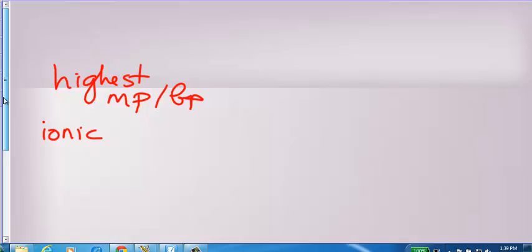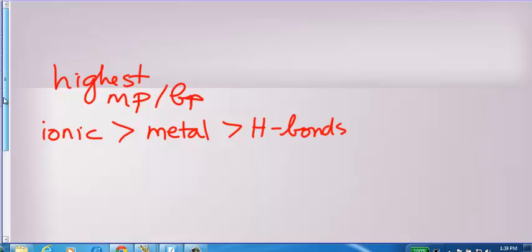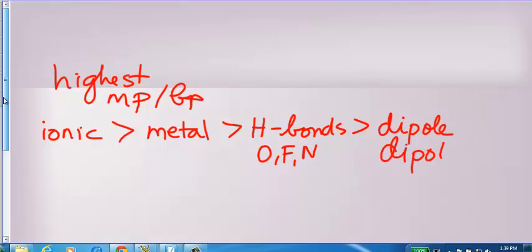Metal to nonmetal have much higher melting and boiling points than anybody else. After that, you would look for just a metal by itself, with metallic bonds. After that, you'd look for something with hydrogen bonds, H with O, F, or N. After that, you look for dipole-dipole. And then finally, your last one is your van der Waals. They have the weakest IMFs.